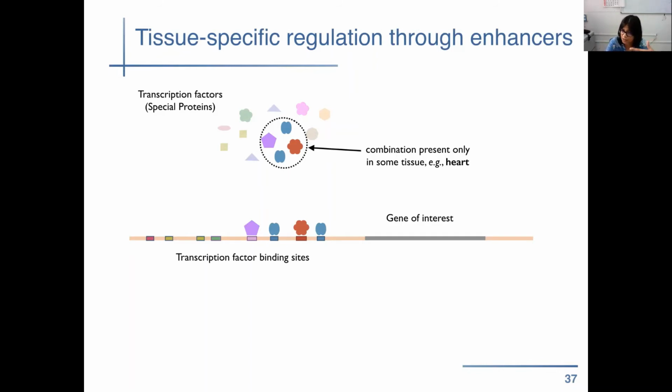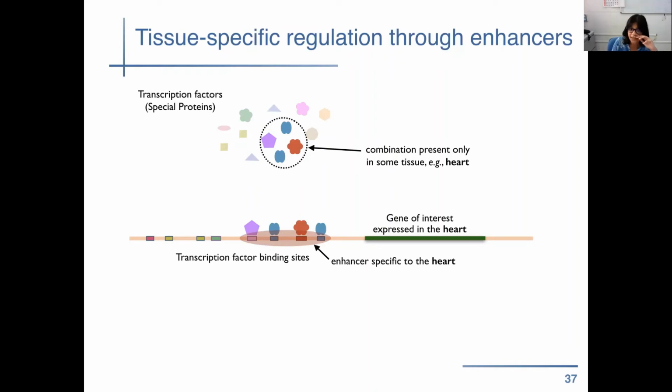And if they're located at the right position, it might cause some sort of conformational change to the DNA or the chromatin, causing the gene to be expressed. If this happens, we call these regions enhancers, because they are activating the genes.